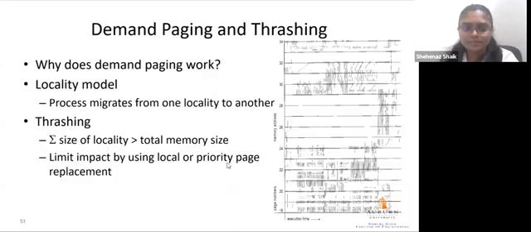Now the working set size can be identified based on the different pages that are accessed by the process over a period of time. And if we take that period of time as too small, then of course we may not be able to identify the entire set of pages that it needs.